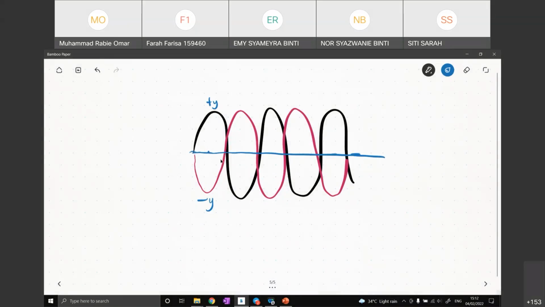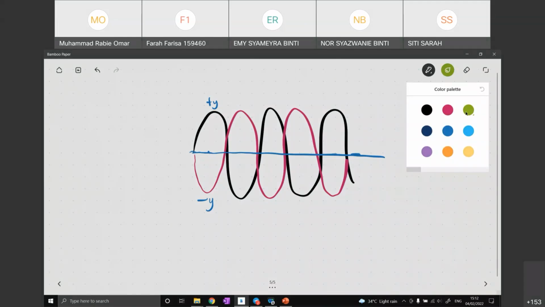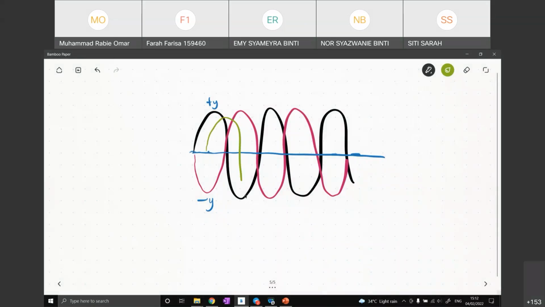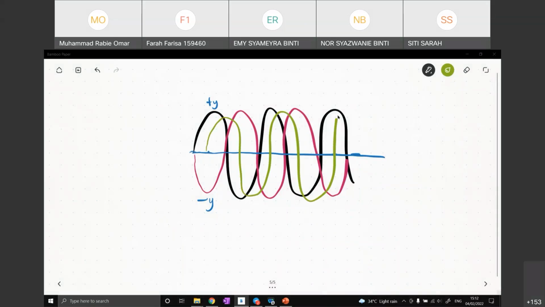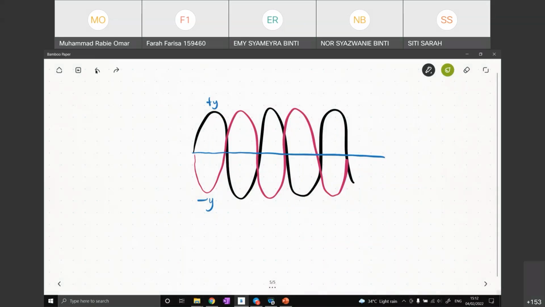So meaning to say, if you translate, or shift the position of any of these waves, let's say I have another wave which is green in color, maybe it begins over here like this, then the interference pattern will be different. Let me repeat again.